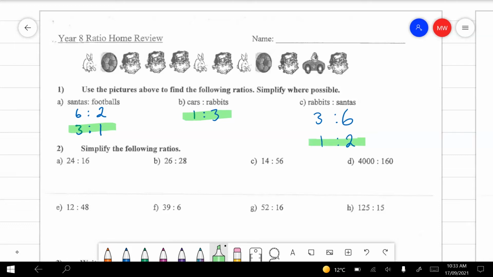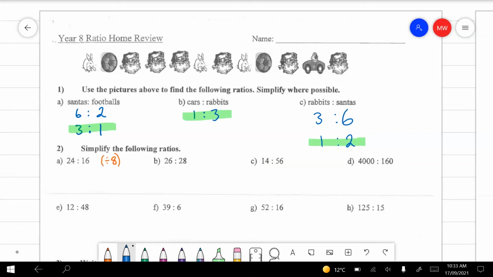Okay, so down below we're simplifying ratios just like we were doing at the top. I'm looking for factors of 24 that are also factors of 16. You don't need to write this, but I'm going to put a little note over here for you showing what I'm doing. I'm dividing each of these by 8.